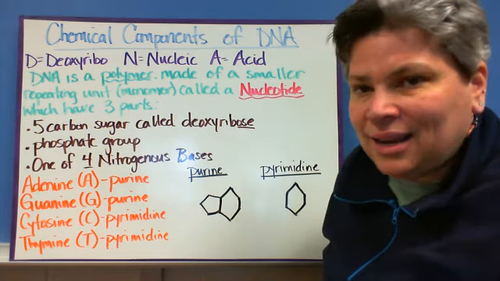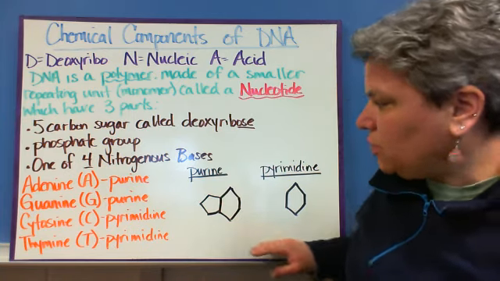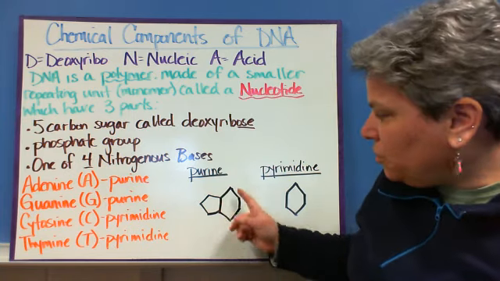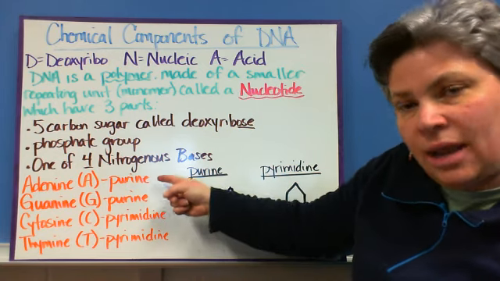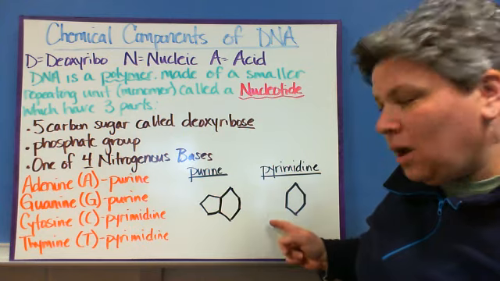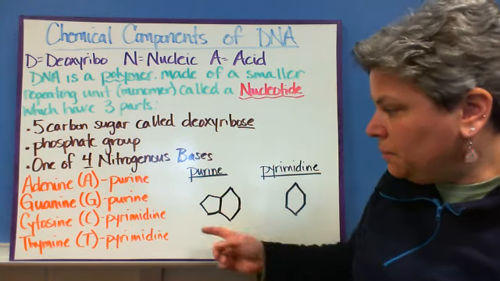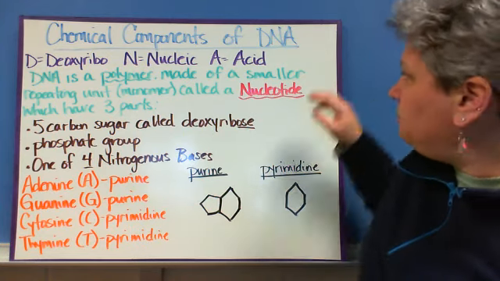In your note packet, it gives you nice pictures of purines and pyrimidines. The purine molecule is a larger molecule, which would be our A and G. The pyrimidine molecule is a smaller molecule, which would be our C and T.